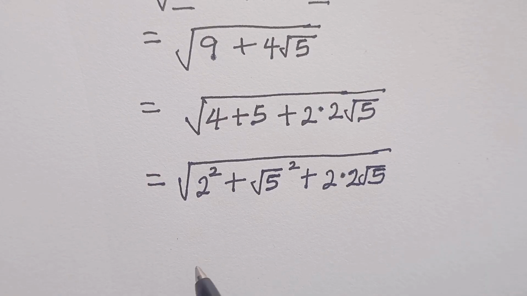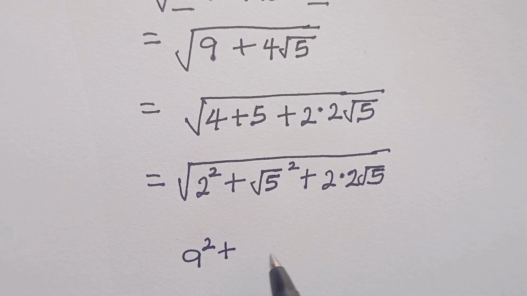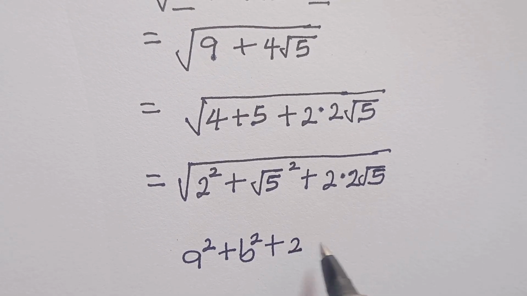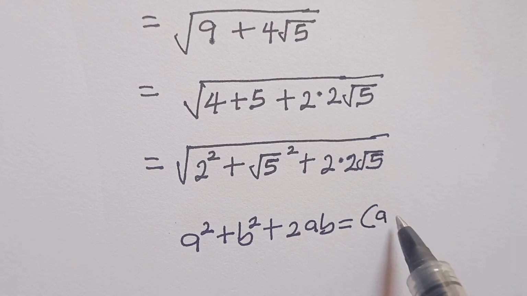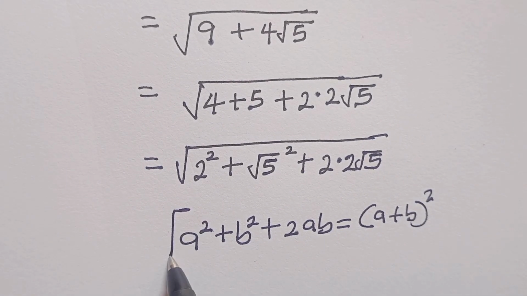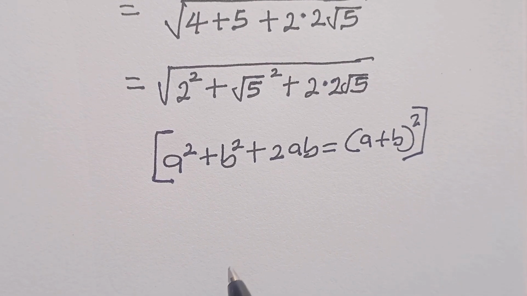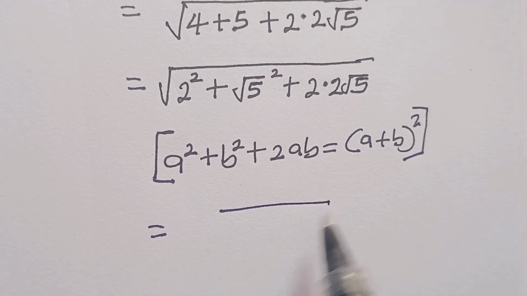Now, after this, if you look at this, you will see that it has followed a squared plus b squared plus 2ab. Everything will now be equal to a plus b, everything squared. So when I apply this to the above expression, I notice that my a will be 2.